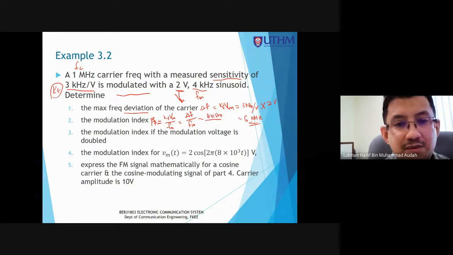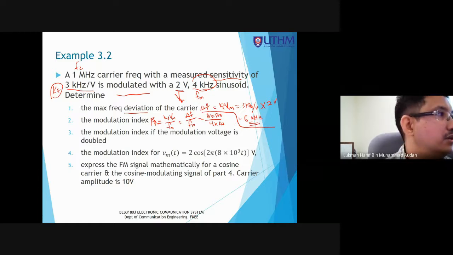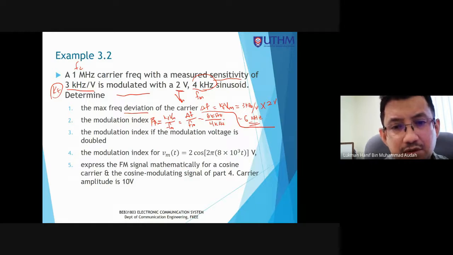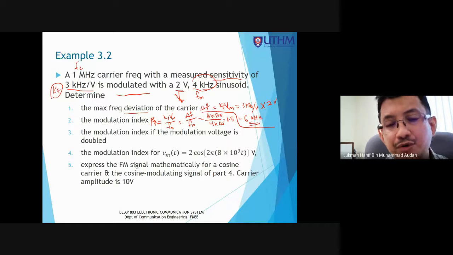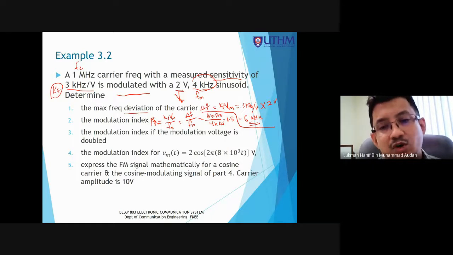Divide with Fm, Fm is given as 4 kilohertz. So the answer would be 1.5, no unit.